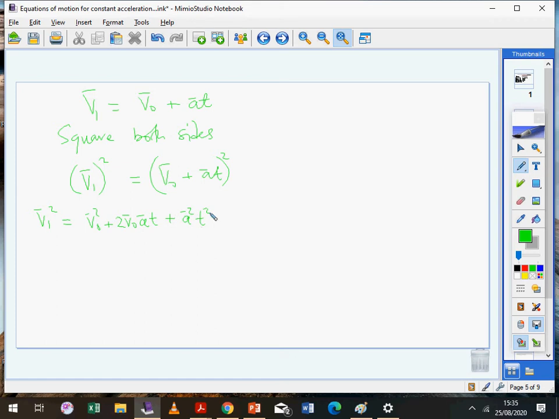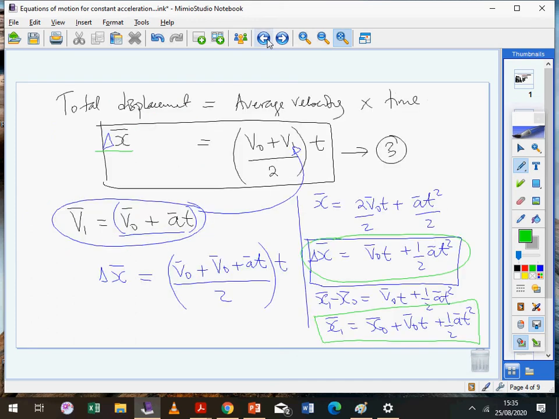Alright, so I have v1 squared equals v0 squared plus, now when you look at these two terms, I have some things that are common, and I can take them out in such a way that I get something that looks like this equation right here. So I'm trying to rearrange it in such a way that I can substitute for that. And you're going to see how that works out.